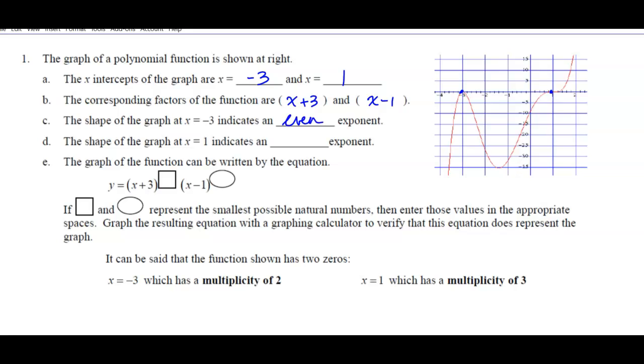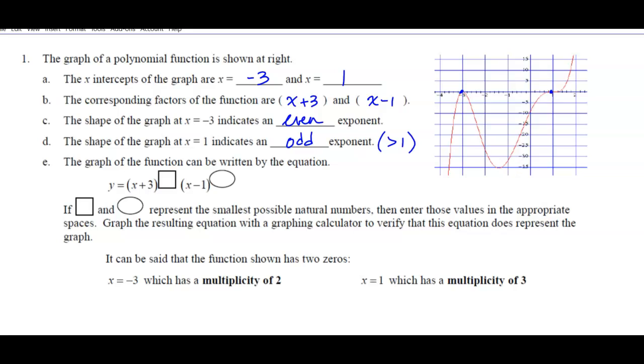The shape of the graph at x equals 1 indicates it's a zigzag. It's a change in concavity. So that's an odd exponent, and it's odd greater than 1. The graph of the function can be written using this equation.